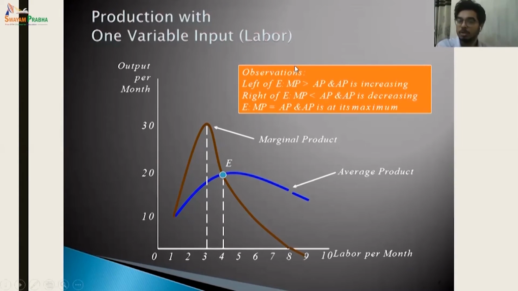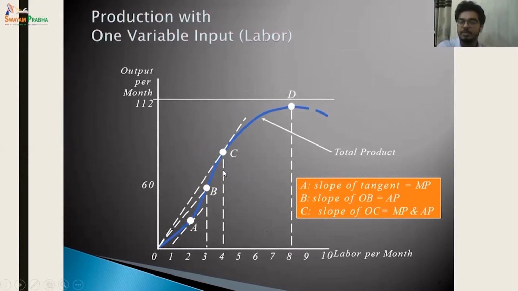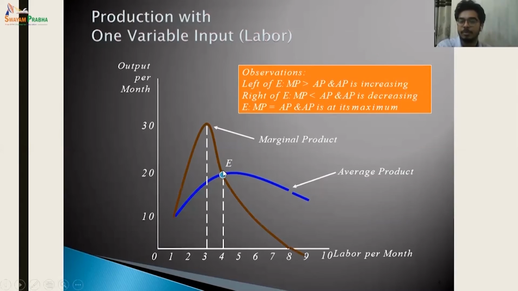So certain observations from here: if this is noted as point E, what is point E? It is where average product is maximum. On the left hand side of point E, marginal product is more than the average product, and average product is increasing.